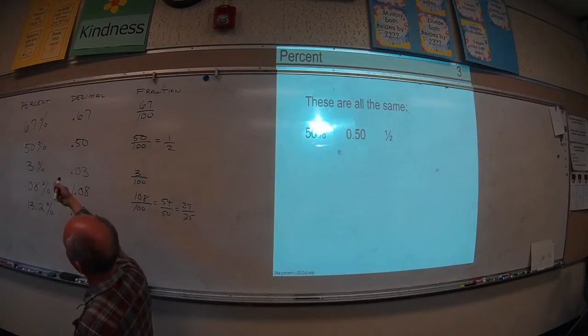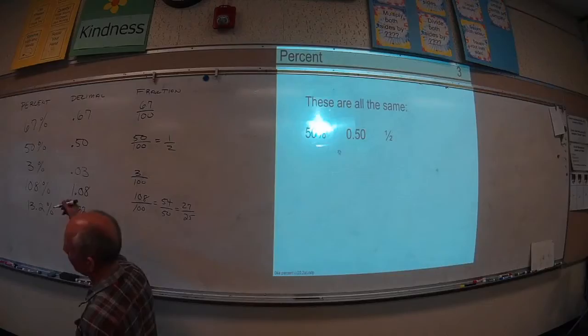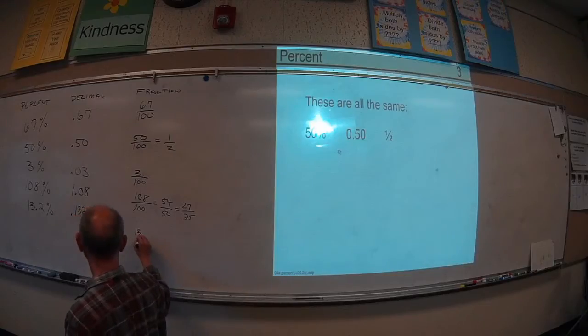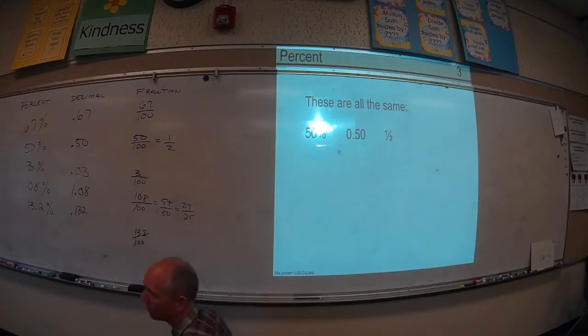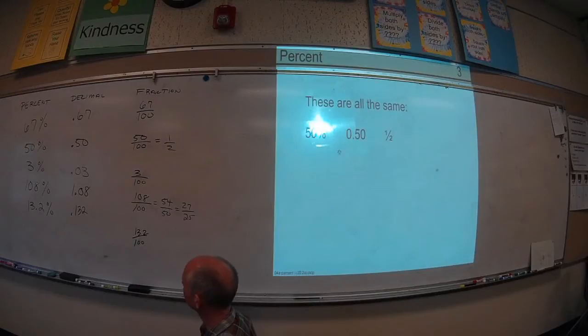How do we do 50? 50 over 100, 3 over 100, 108 over 100, 13.2 over 100. Now, I can't leave it like that because I can't have a decimal inside of it. But if I moved it 1 decimal place and added a 0, there it is, 132 over 1,000, that works. Don't worry too much about that. I'm not super concerned there.